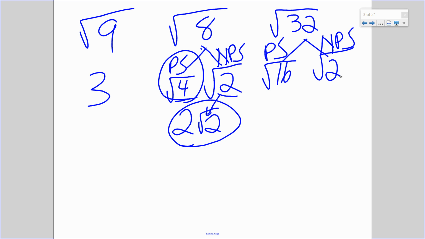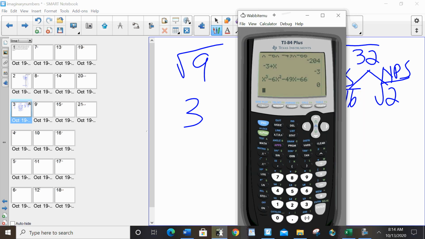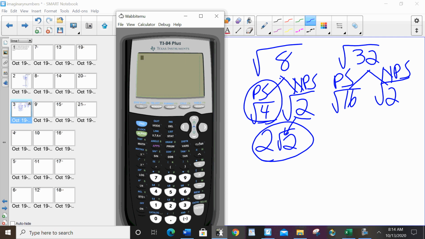Now let's say that you're not good with your times table and you don't know what goes into 32. There's a little trick in the calculator. So here's how the trick works. If I want the numbers that multiply to 32, I'm going to do 32 divided by x. This is very similar to what we did when we were factoring. It's the same thing, actually. We're just coming up with the factors.